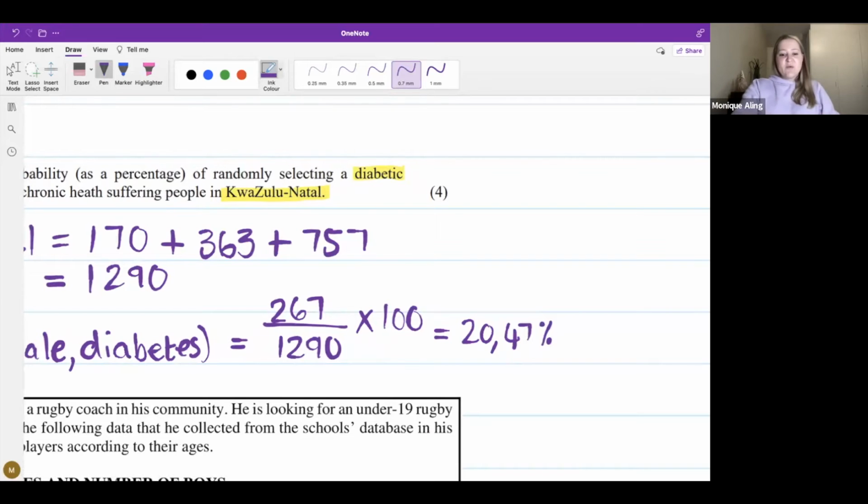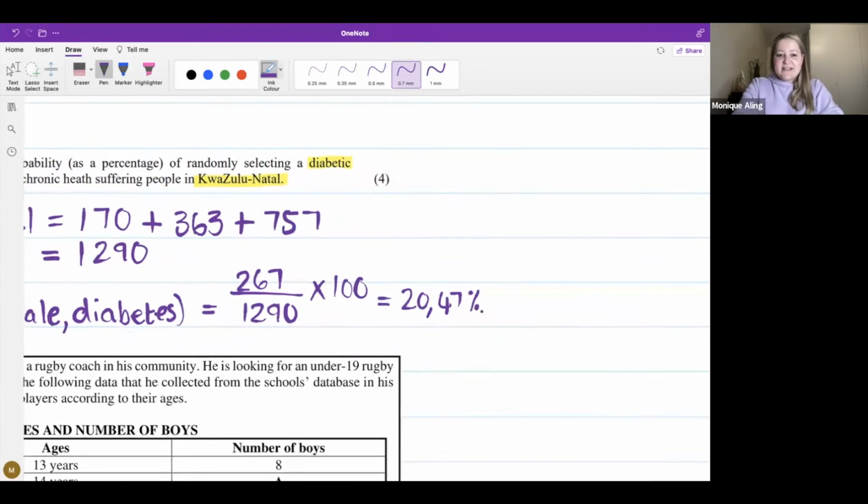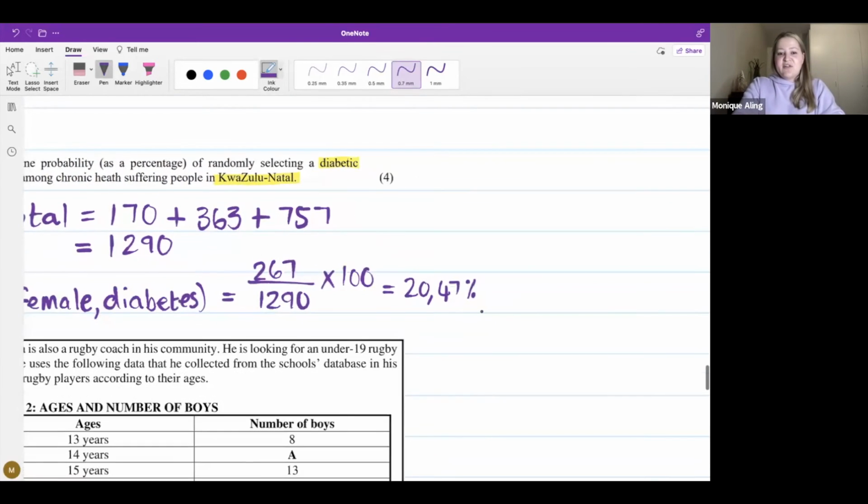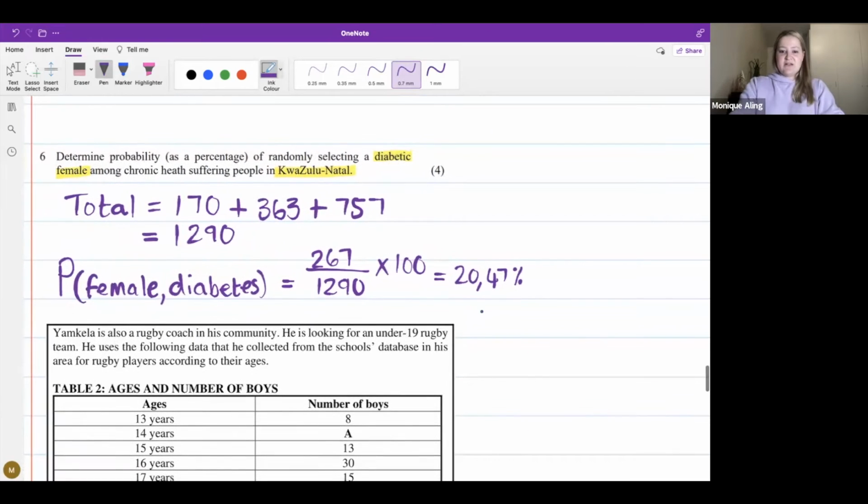Okay, it was a bit of a tricky one with the way they worded things. I also originally thought that they were just talking about the diabetic people in general, but they said among all the chronic health suffering people in KZN, so we had to include asthma and hypertension. Good, Kahisto, good. Okay, Lufunyo, just watch rounding.